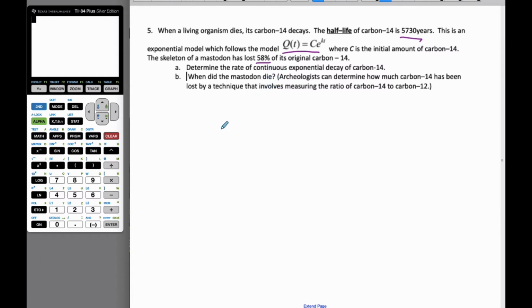Well, I know that if I have Q of t is equal to C e to the kt, well, C is the initial amount. And so if I have 100% e to the k, well, I'll talk about t in a second. If I want half of it, I'll have 50% left, and that is going to be 5,730 years later.